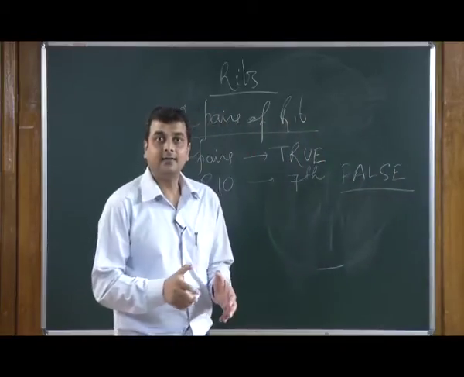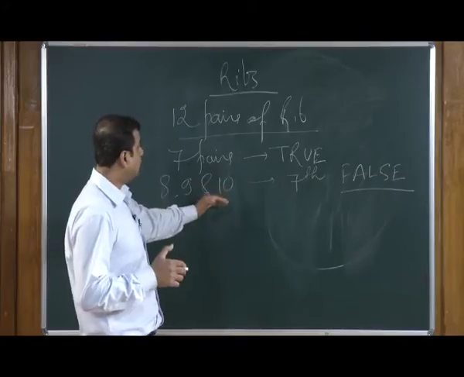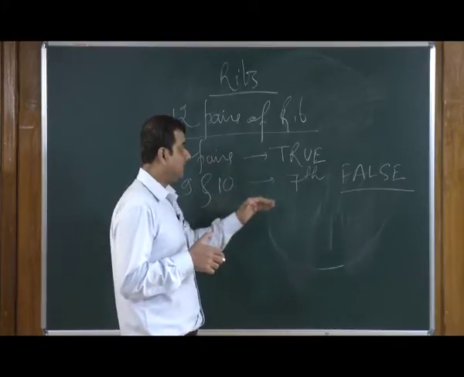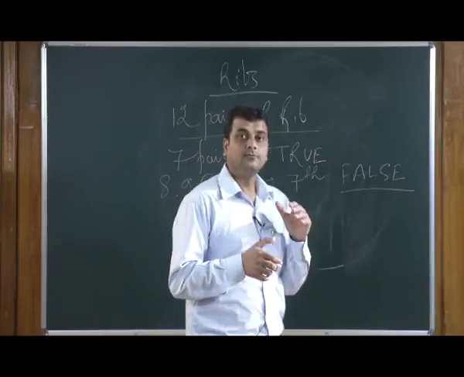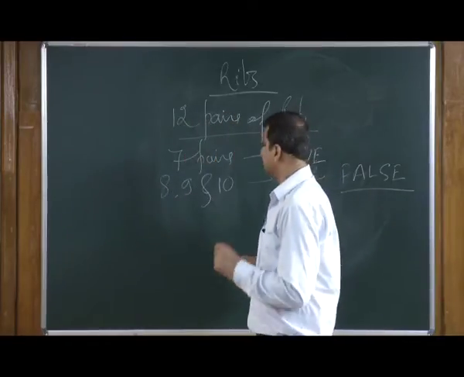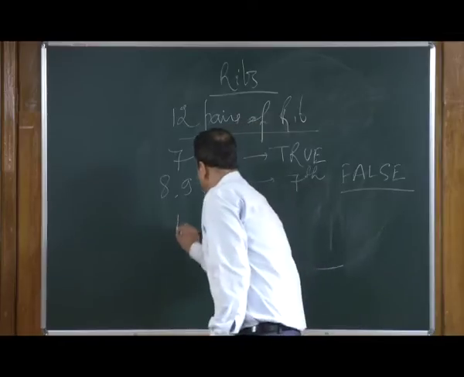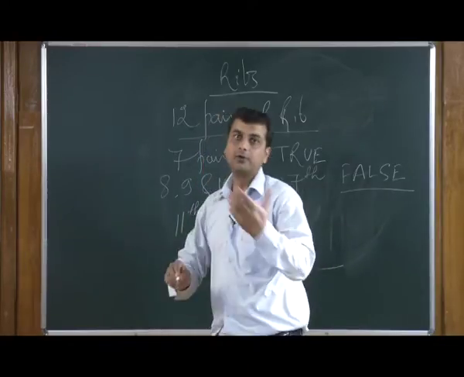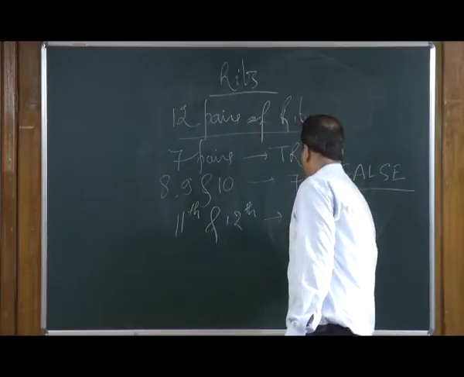The 8th, 9th and 10th are attached to the 7th pair, and that is why they are called false ribs. The last 2 pairs, the 11th and 12th, are kind of floating, that is why they are called floating ribs.